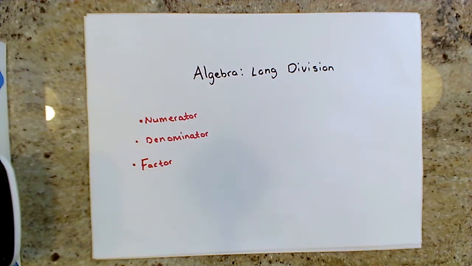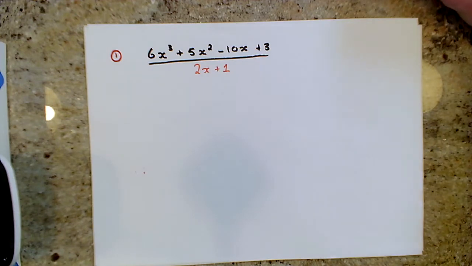I know that these explanations might seem quite general at the moment, but as we move on through these questions, hopefully we'll see what the specific implications are. So this is typically how our algebraic long division is presented to us.